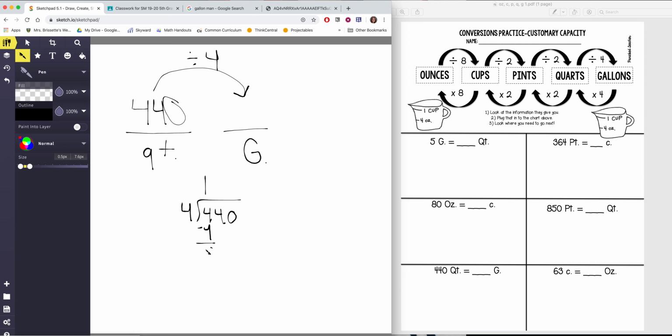Minus is 0. Bring down the 4 is 4. 4 goes into 4 one time, which is 4. Minus a 0 again, bring down the 0. 4 goes into 0, 0 times, which is 0 minus is 0. So like we guessed, 4 times 110 gives me 440, or 440 divided by 4 is 110 gallons.